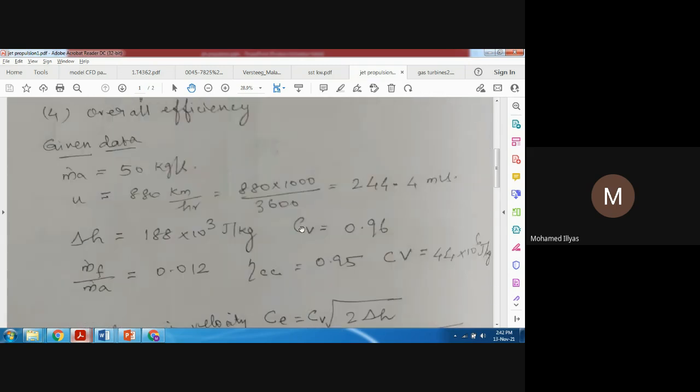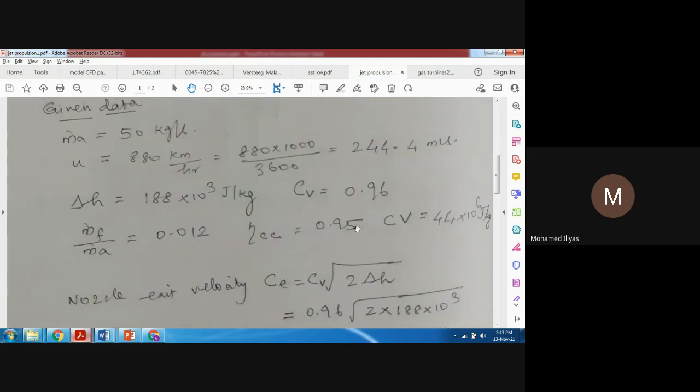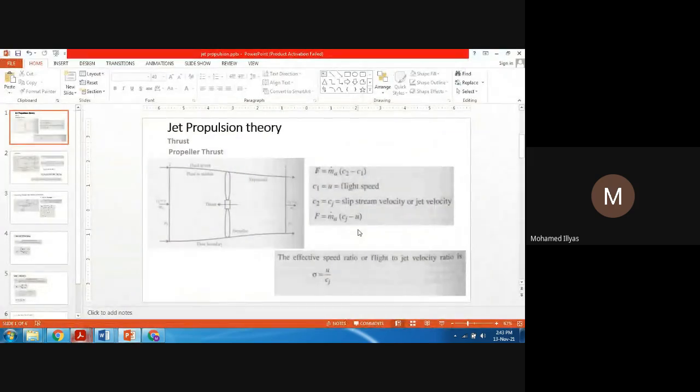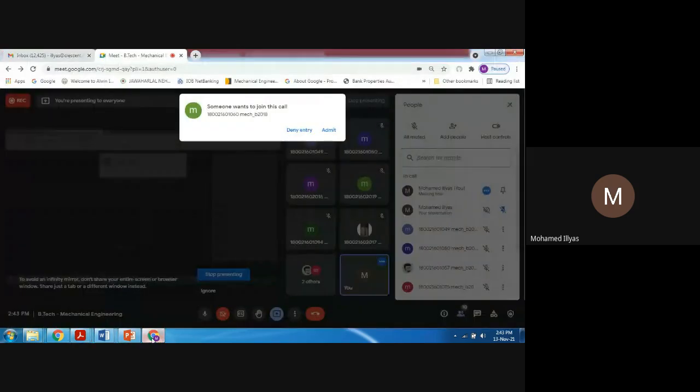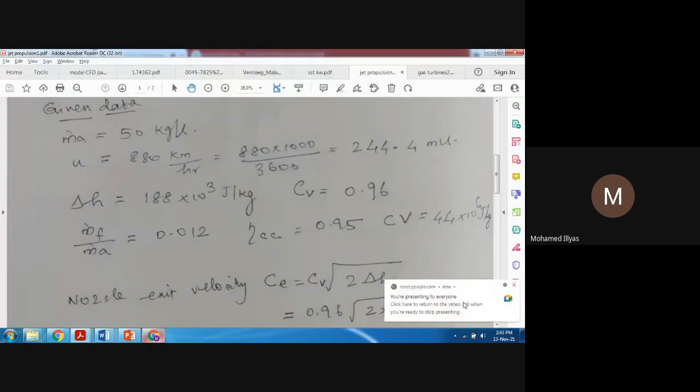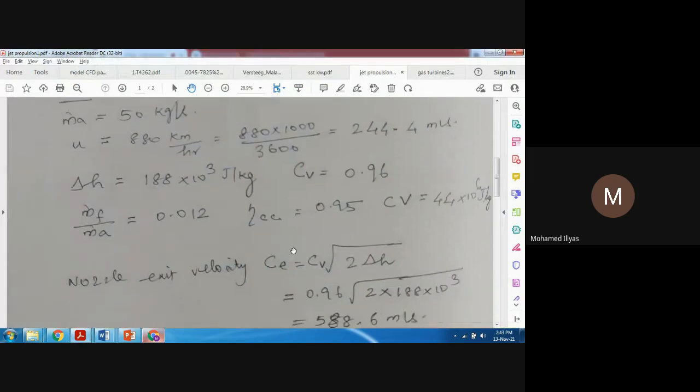And this is nothing but like in our flow measuring devices, our venturi meter and orifice meter, we use the coefficient of discharge. What is the meaning of that coefficient of discharge? It is always at most one. In the actual case it will be less than 1, like 0.8, 0.9, 0.7.